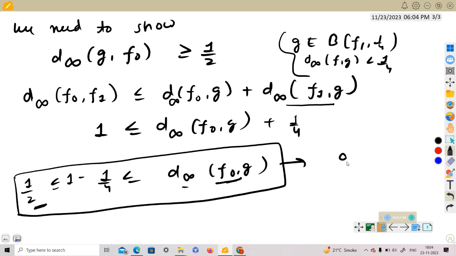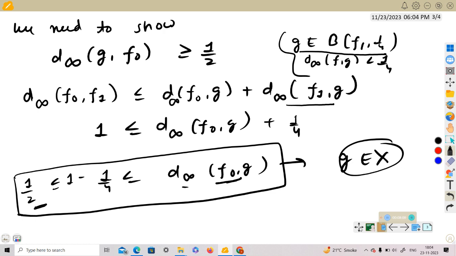What does this mean? This implies g belongs to X, and g was taken as any element from this open ball, so the ball is contained in X. This simply implies B(f1, 1/4) is a subset of X. The main purpose of 1/4 is that it makes the distance strictly greater than 1/2.